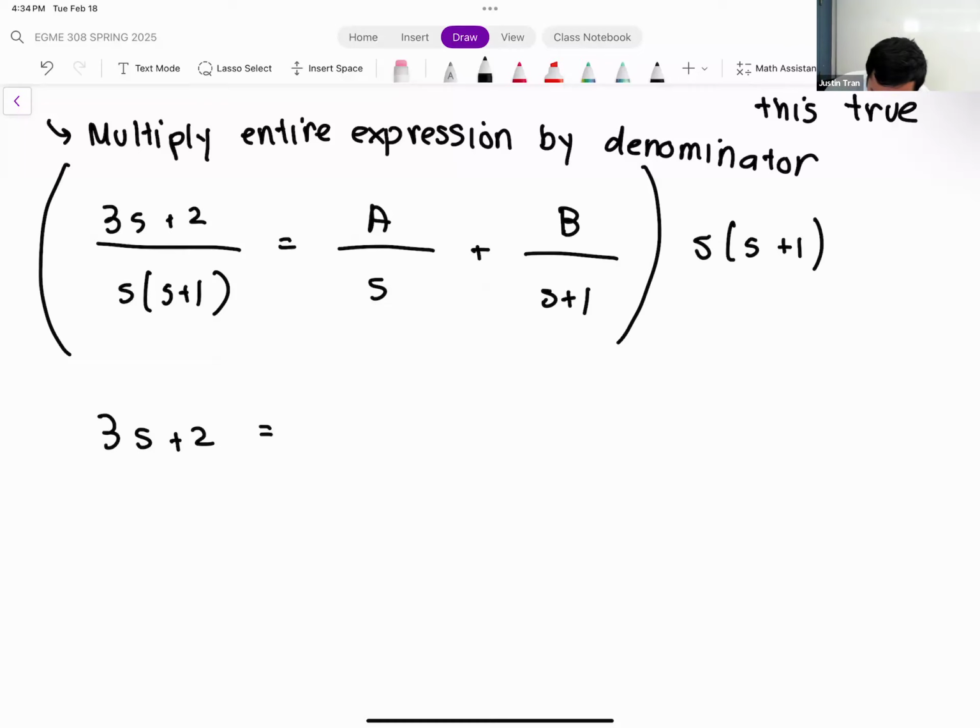And so for the a term, we're going to have a multiplied by, and so the s that's in the denominator under the a term is going to cancel out with one of the s's over there, but we're going to have that s plus 1 remaining. So it's a times s plus 1, okay, plus b. And so for the b term, we're going to have the s plus 1s cancel out, and then all we're left with is just b times s.